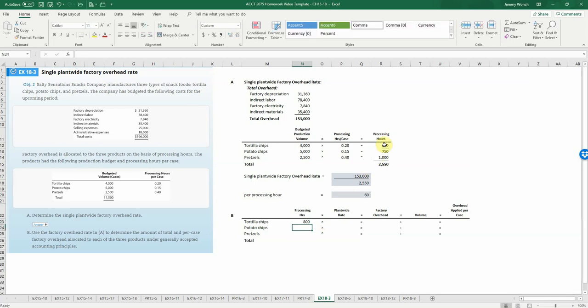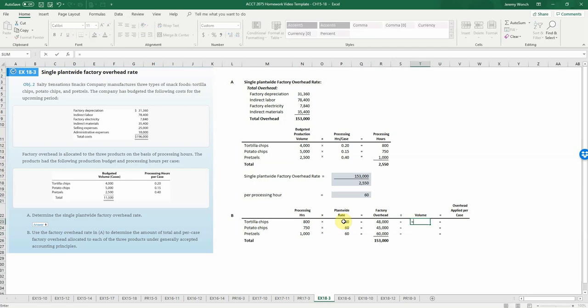So we want to plug in the processing hours, and we know our rate is $60 an hour. That gives us the total cost per product.